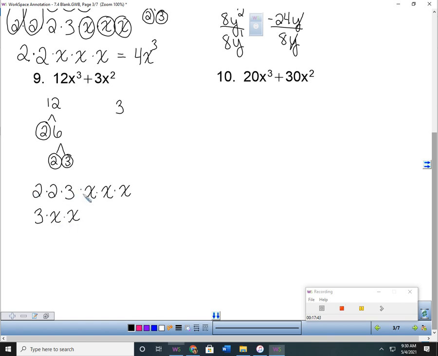So for the numbers here, I only have a 3 in common, and then I have one set of x's and another set of x's, which gives me a greatest common factor of 3x to the second. So that's what I'm going to be factoring out.